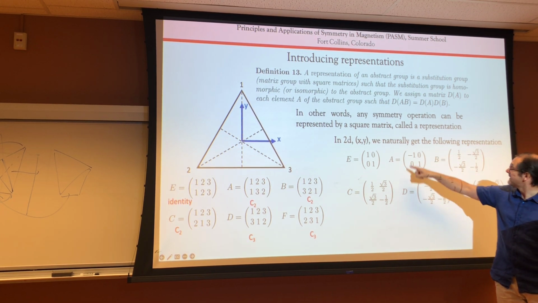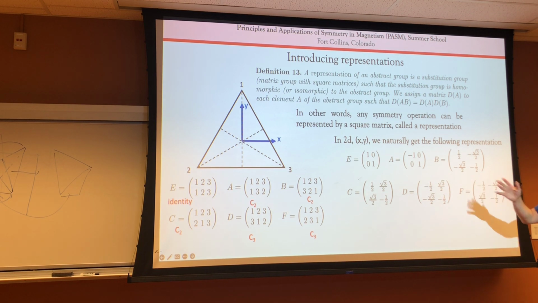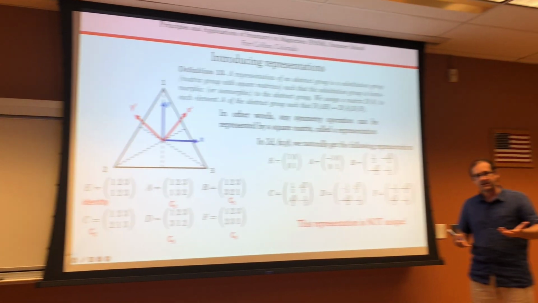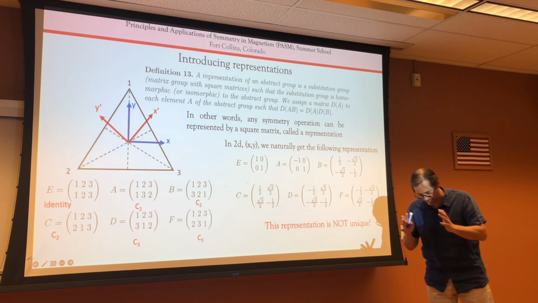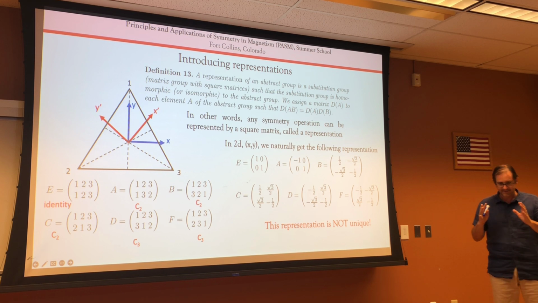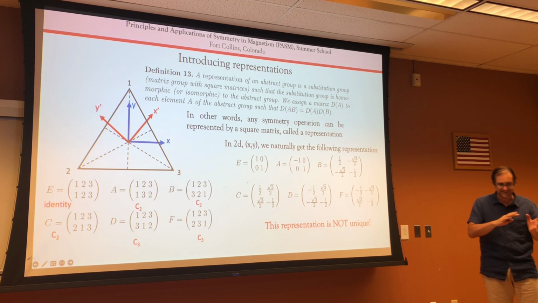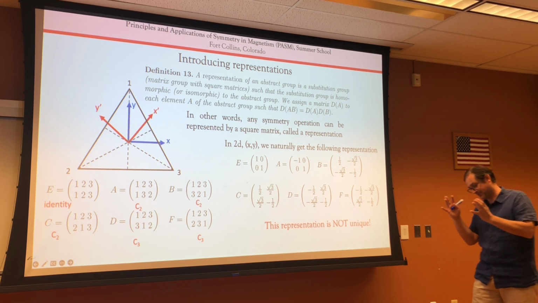And then you can verify that A, B, C, and D are rotation matrices. So this is what we call a representation, because we represent the abstract transformation. It's very important to keep track of what is an abstract object and what is a concrete object.